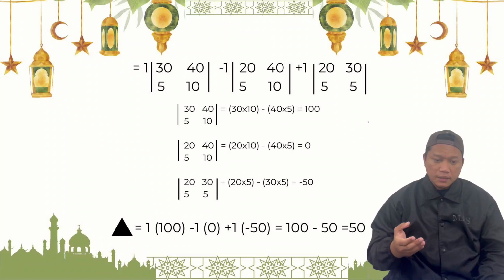Thus, the determinant equals 1 times 100 minus 1 times 0 plus 1 times negative 50.